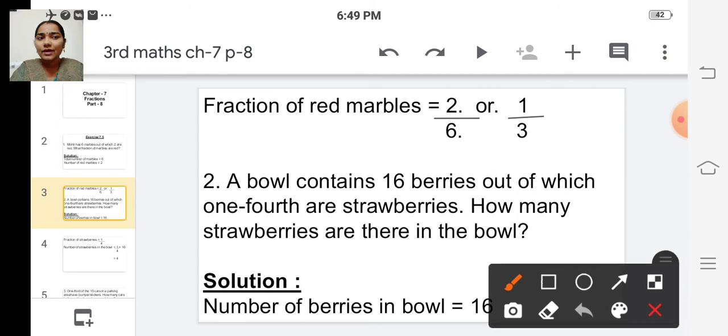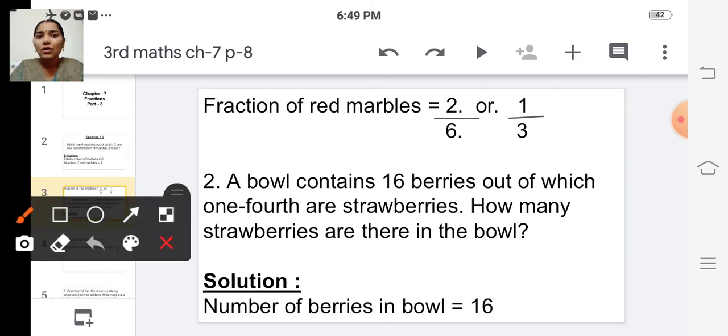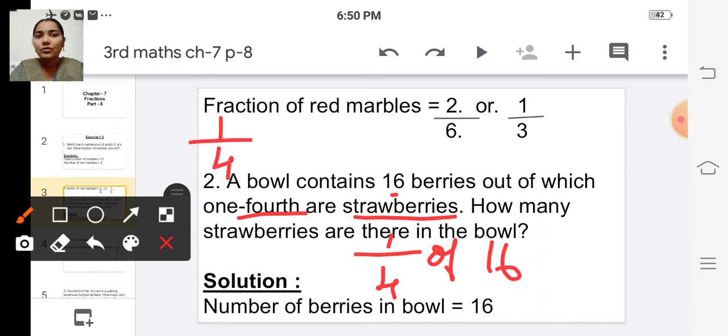So they have given 1/4 of 16 are strawberries, isn't it? So 1/4 of 16 can be written as 1/4 into 16. And we have to divide 16 by 4.